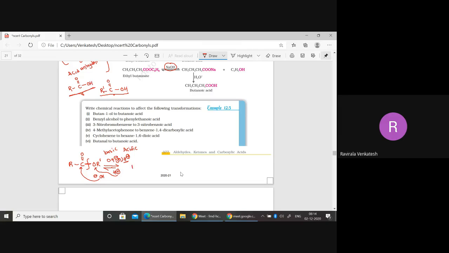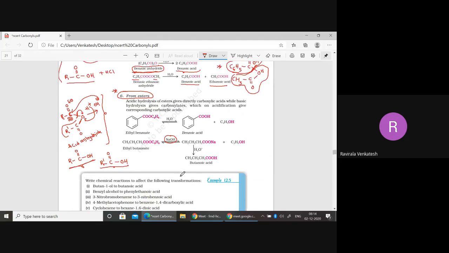So what we get here is R, C double bond O, OH plus R dash OH. That means we are getting alcohol plus carboxylic acid. So these are the products present in the hydrolysis of ester.